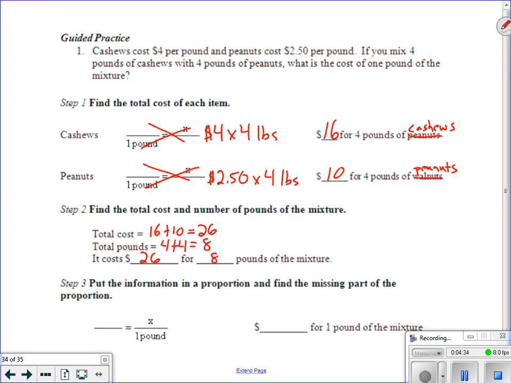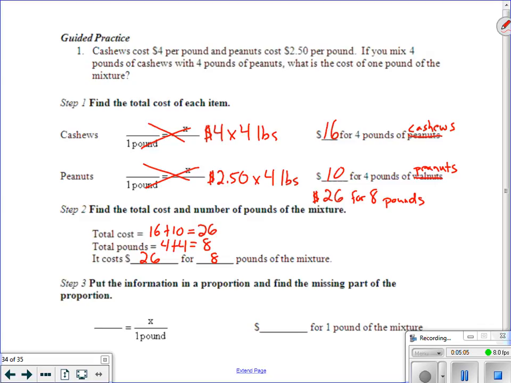Another way some people like to get these totals is to add right here and say this is going to be 26, and then 4 plus 4 is 8. So you have $26 for 8 pounds.